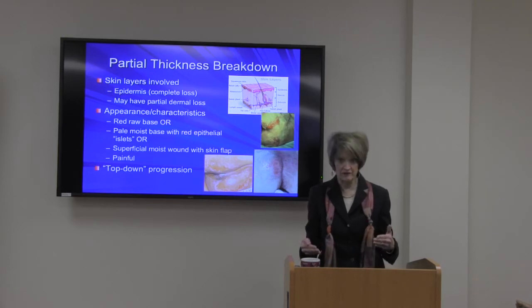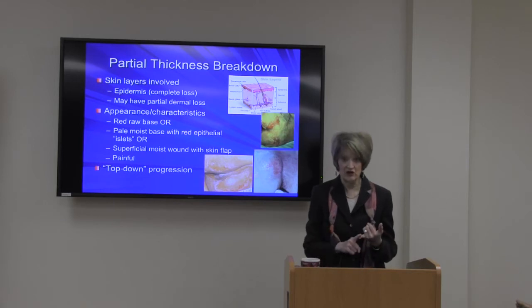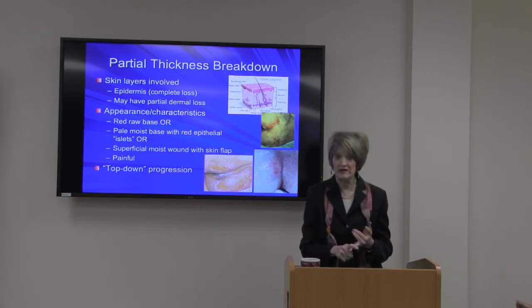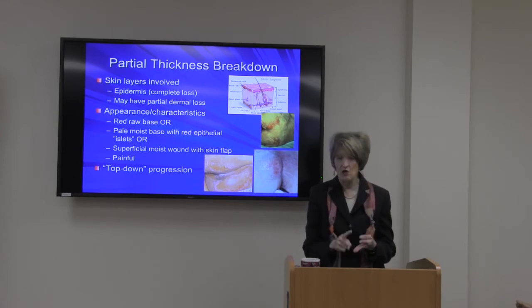There's no slough, there's no eschar, there's no tunneling, there's no undermining. So across the board, partial thickness lesions are very, very superficial. They have a viable wound bed that will either be bright red, salmon colored or white with bright red epithelial islets.